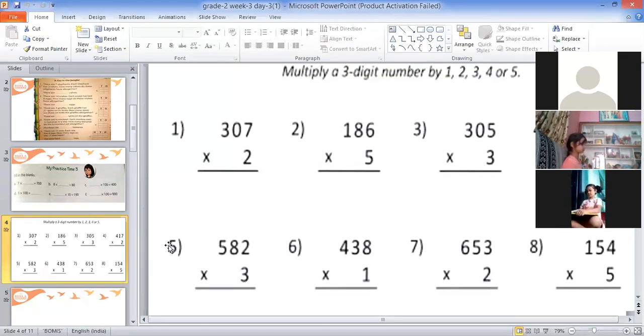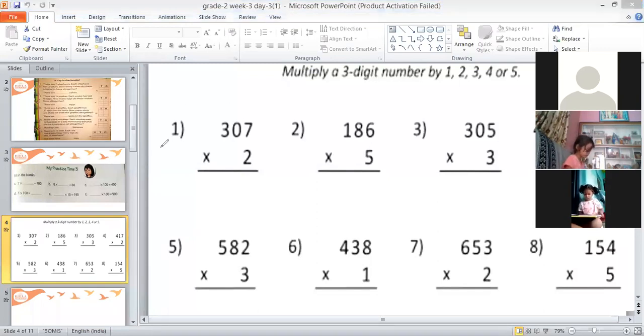We will do one question, then we will note down the second question. Only copy the first question. We will solve it and then you will copy the second question. One by one, you have to copy the question. Nobody will copy all the questions.